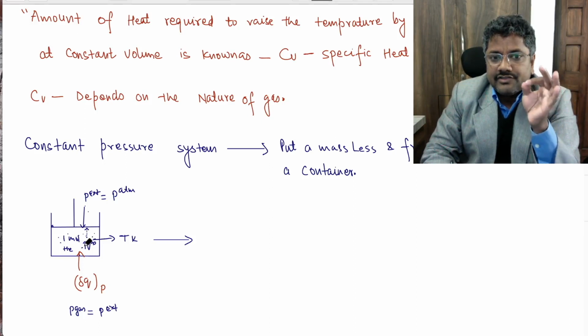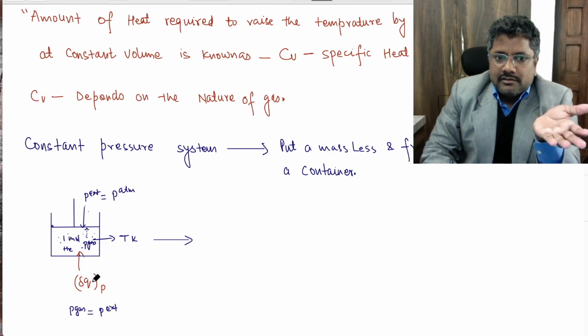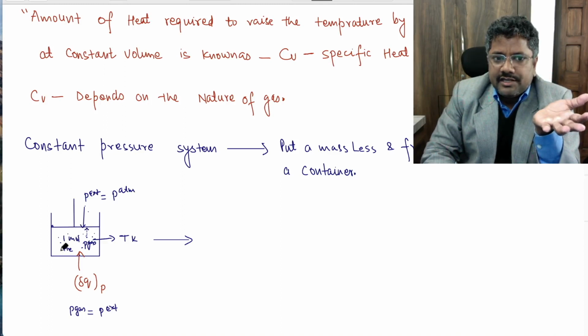Now analyze each and every point when you are putting heat to this system. This heat will change the temperature of this gas and do one more thing here. What?